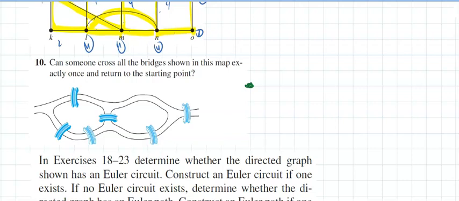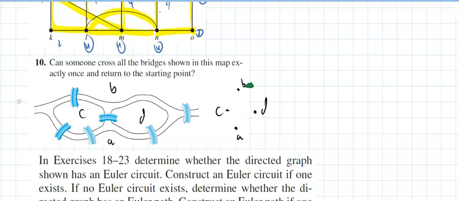If I take this to be A, B, and let's take the islands to be C, D.